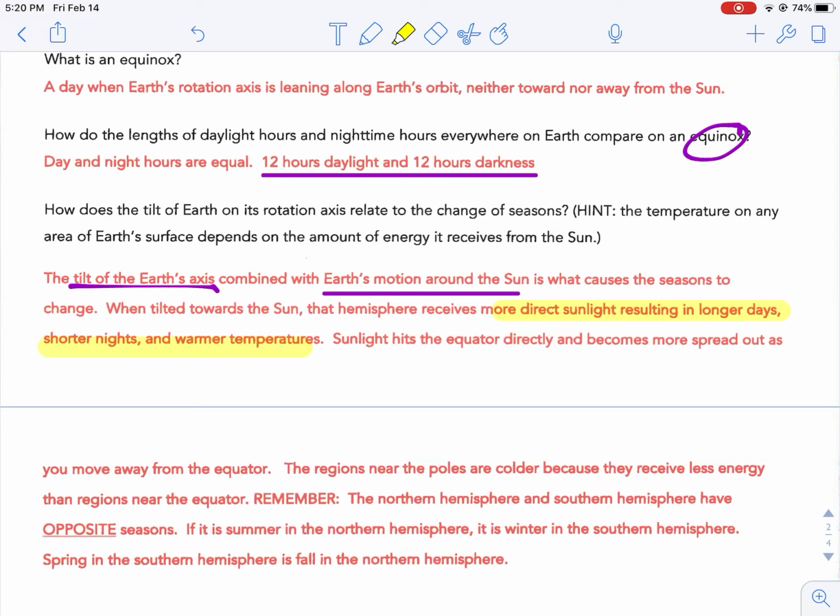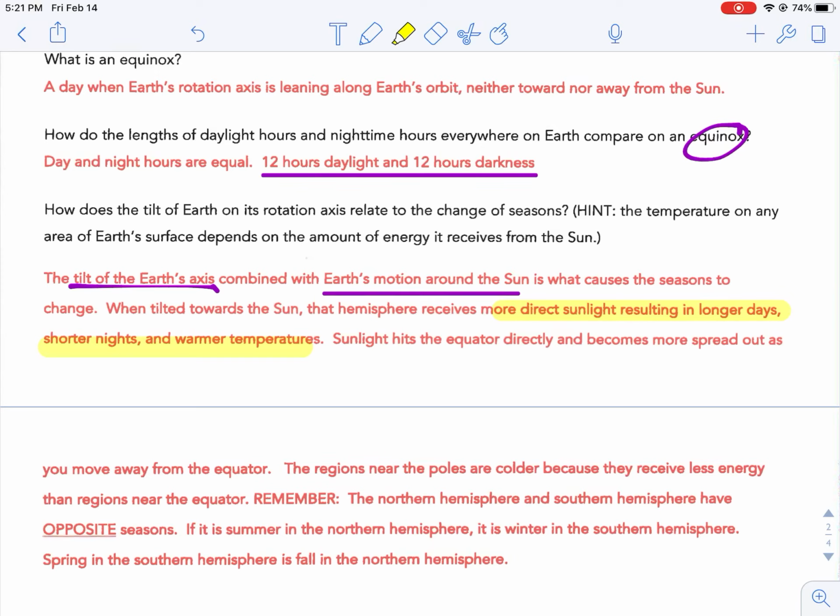Since the Earth is round, the sun hits directly around the equator, so that's why in the Caribbean it's pretty much warm year round, because it's receiving that direct sunlight all the time, regardless if we're tilted toward or away. But after that, it's more indirect as the sun rays travel along the curve of the Earth's surface.